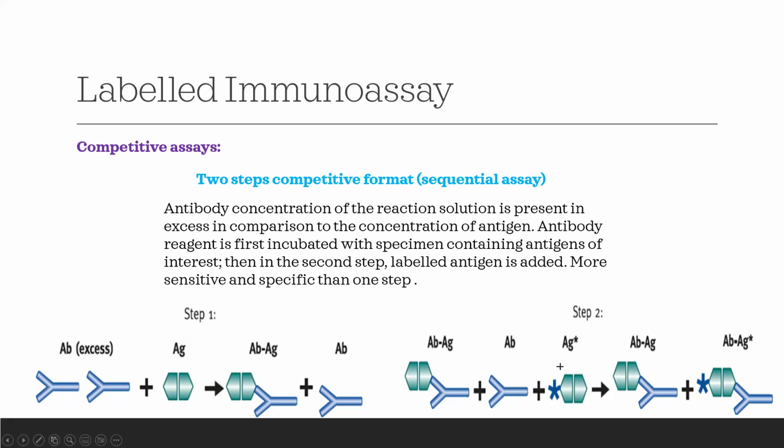In the second step, we only add the antigen that has label to the mixture. The labeled antigen will bind to the leftover antibodies to form the complex. Compared with the one-step competitive format, the sequential assay is superior. It has higher sensitivity and specificity than the one-step simultaneous assay.